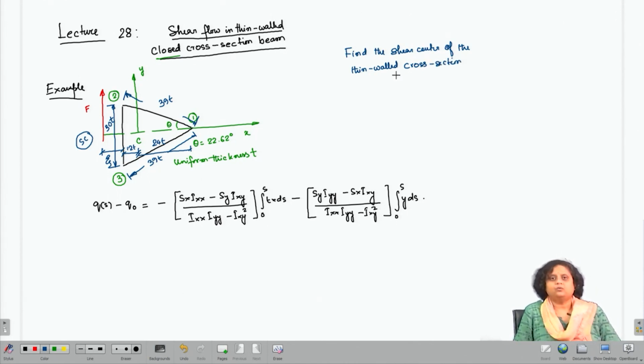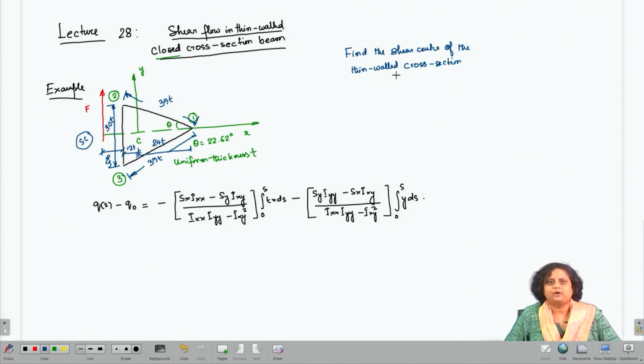Now, as we can see, this cross section is symmetric about the x axis. So, we know that the shear center will lie on the axis of symmetry. So, the shear center will lie on the x axis, we just need to find out zeta.